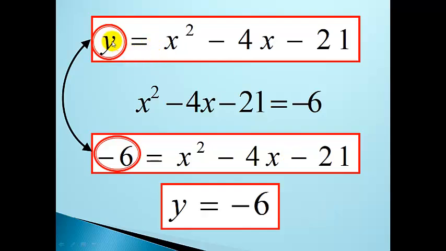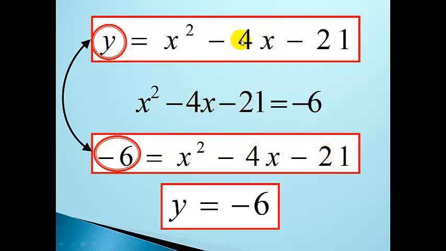So from the relation, we have y equals x squared minus 4x minus 21. And after solving the equation given to us, we had x squared minus 4x minus 21 equals minus 6. And this can be written as minus 6 on the left rather. Then we have x squared minus 4x minus 21 on the right.